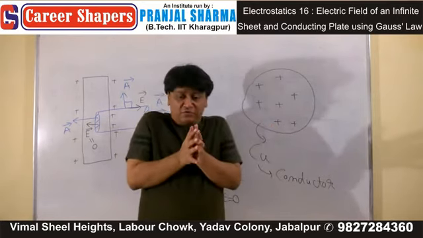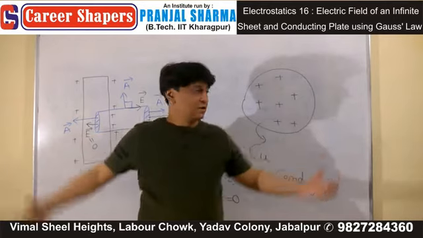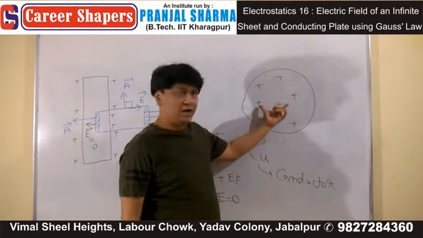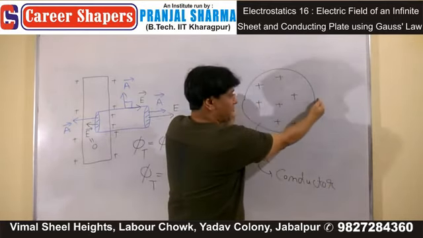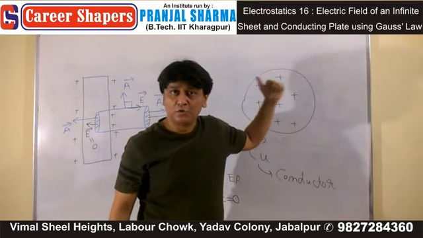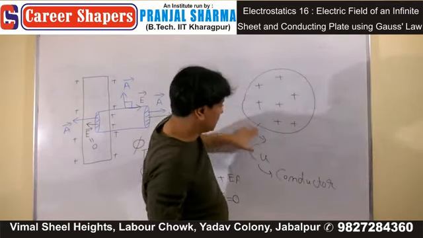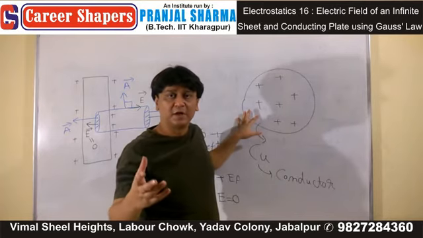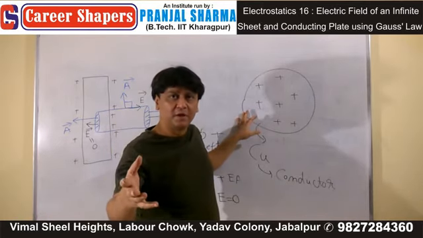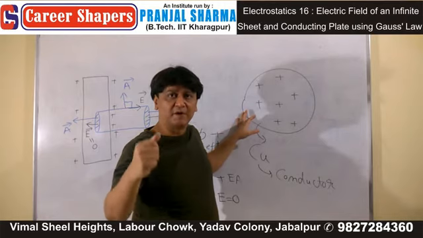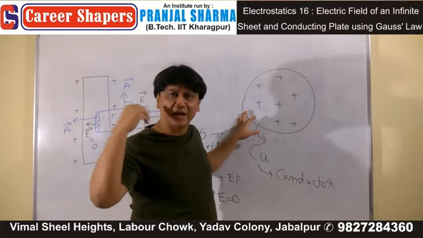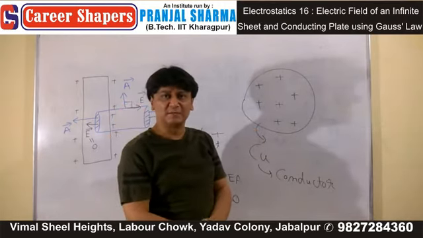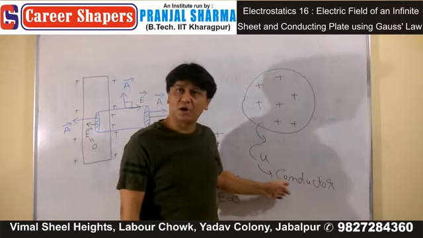So these charges, when they repel, will ultimately move to the outer boundary of this shape. It can be any shape. It can be a spherical shape, a cubical shape, any irregular shape, doesn't matter as long as it is a conductor.